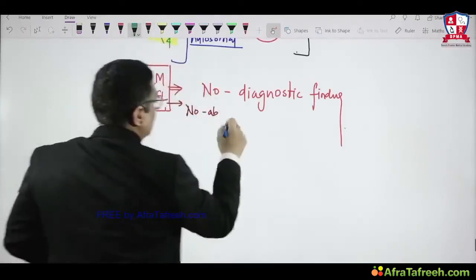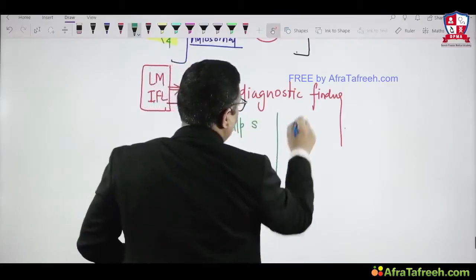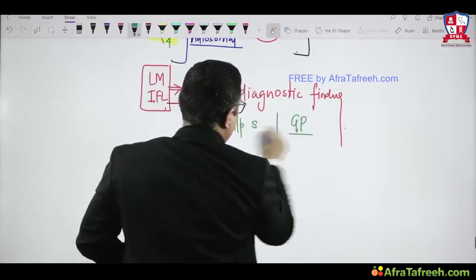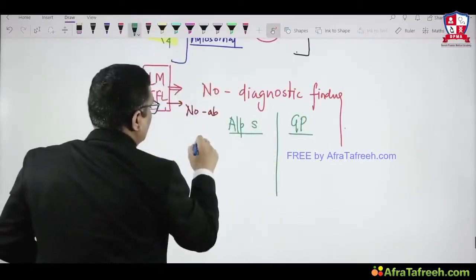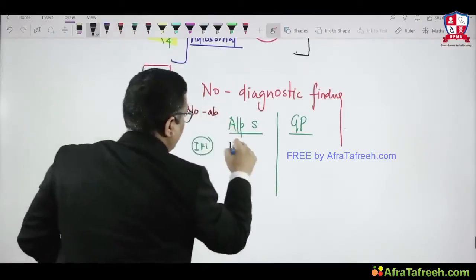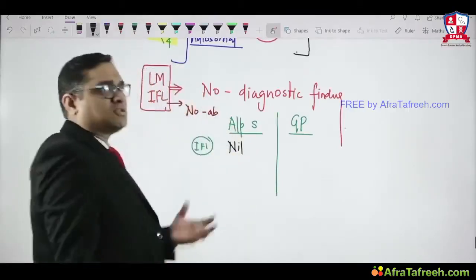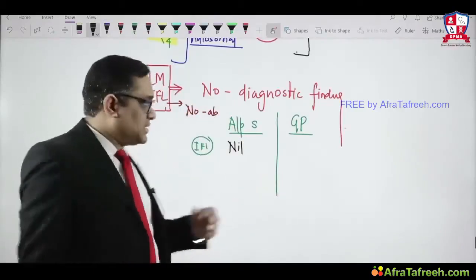So that is why I said how to discriminate Alport syndrome versus Goodpasture syndrome, right? In Alport syndrome, when you do immunofluorescence microscopy, there will be no finding, nil, because this is not antibody mediated, this is defective assembly of the collagen.